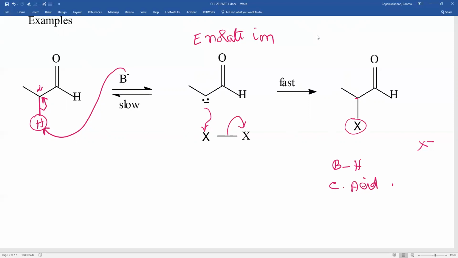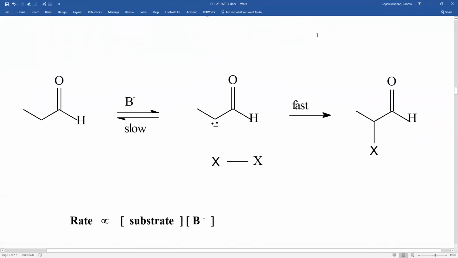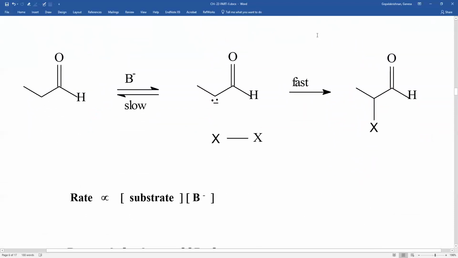This shows the mechanism. I put the same mechanism again. Why? Probably this is important. I think you have to learn it twice. You understand? Here is an alpha carbon. We treat it with a base. It becomes an enolate anion.